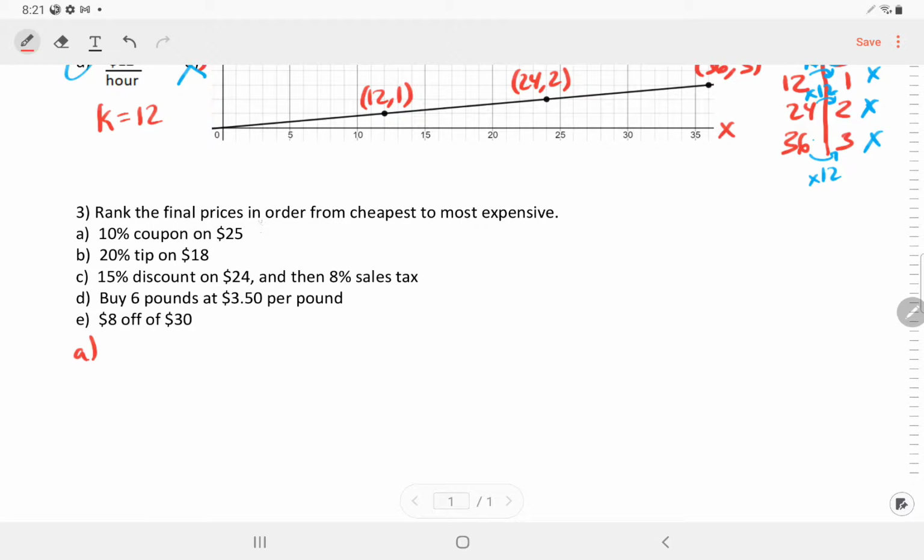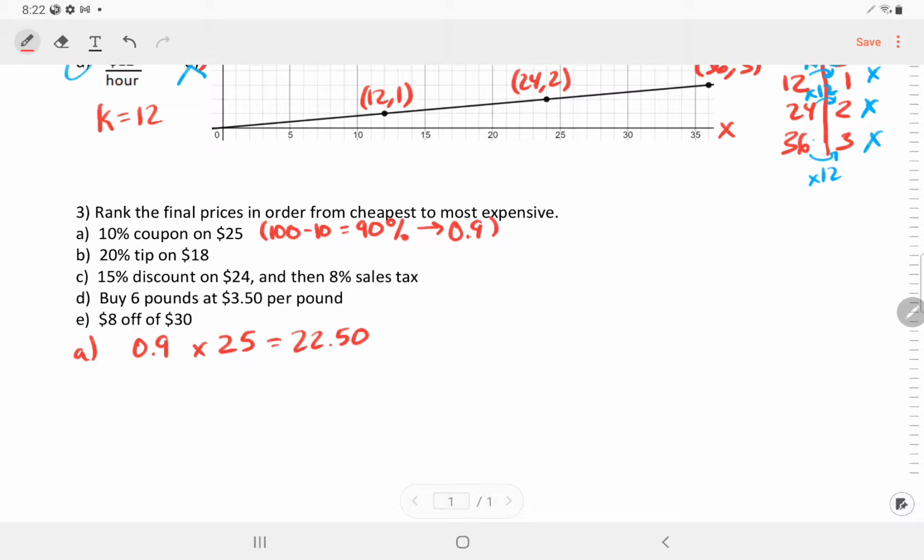So 10% will be 90%. And 90% can be rewritten as 0.9. So in this problem, we do 0.9 times 25. And 0.9 times 25 will give us $22.50.